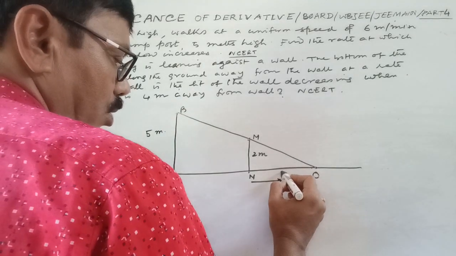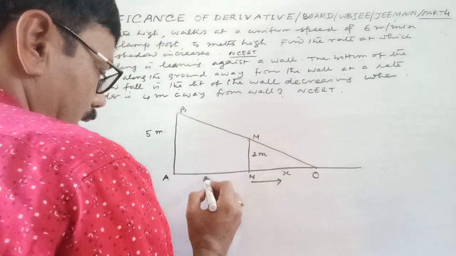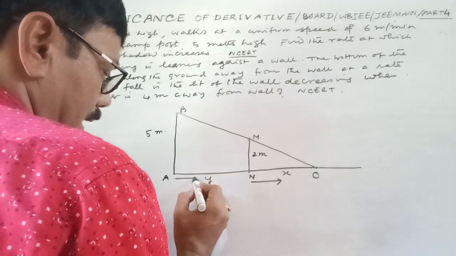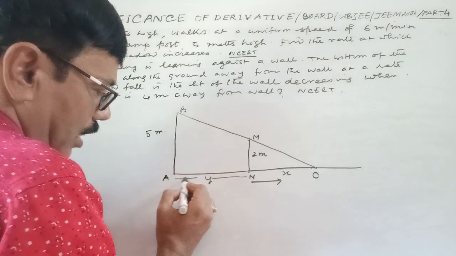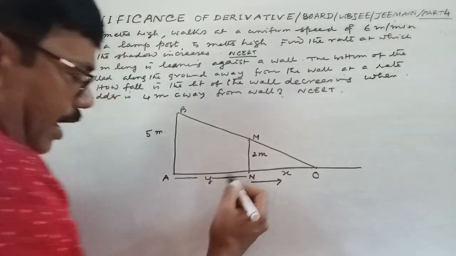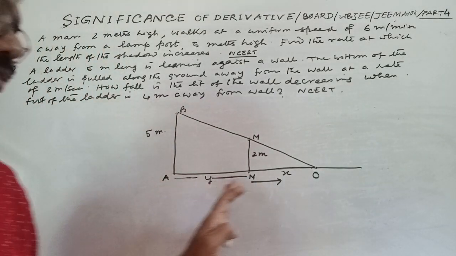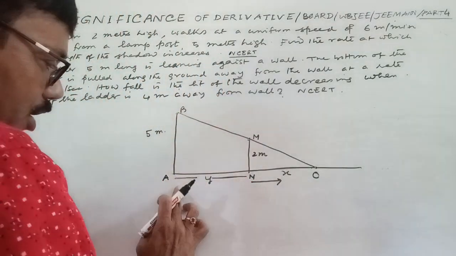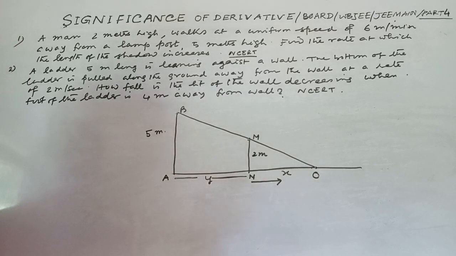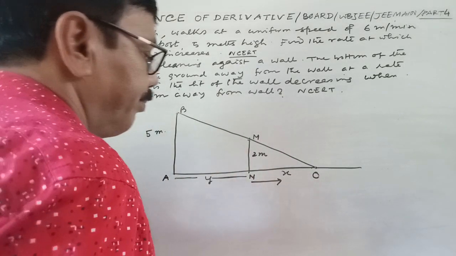So let NO be x and AN, this is y, the distance of the man from the lamp post. So dy by dt is the rate of change of y, that is the velocity of the man.